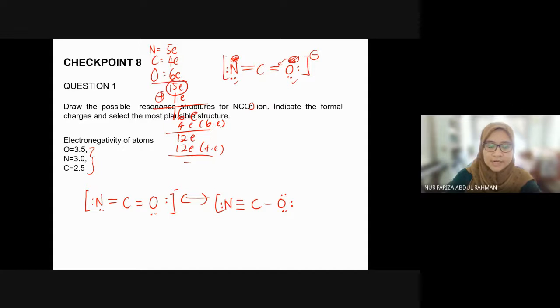This one dia akan ada 1 lone pair and triple bond, and carbon should have no lone pair at all. Okay, so this is the second alternative. As you can see, everybody is octet still. And the third would be the opposite of this one lah. Okay, so the oxygen will be having the triple bond with carbon. Okay, all right.